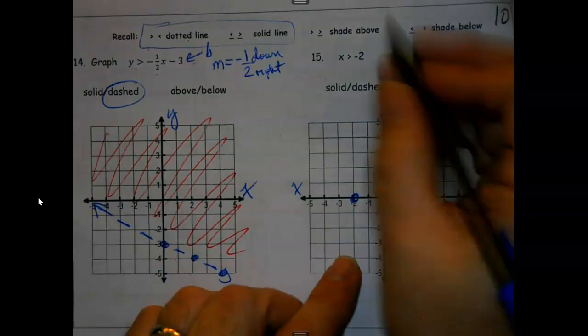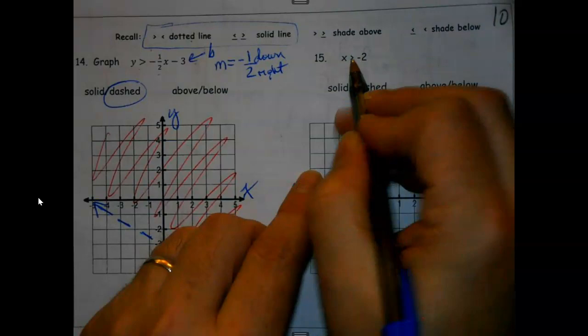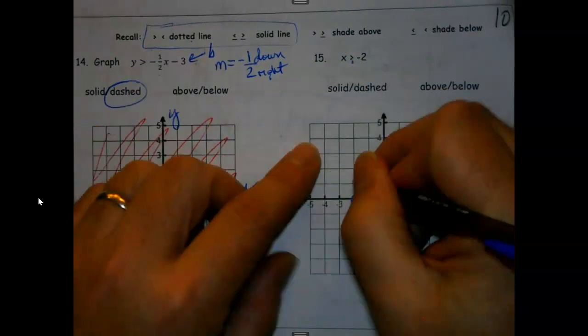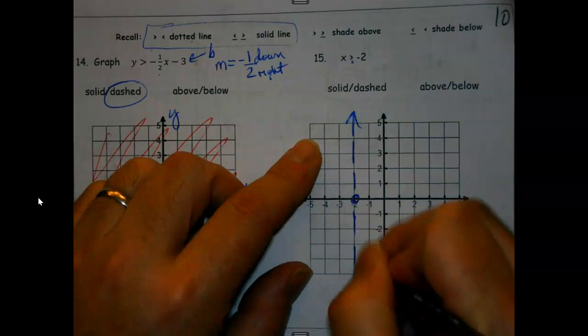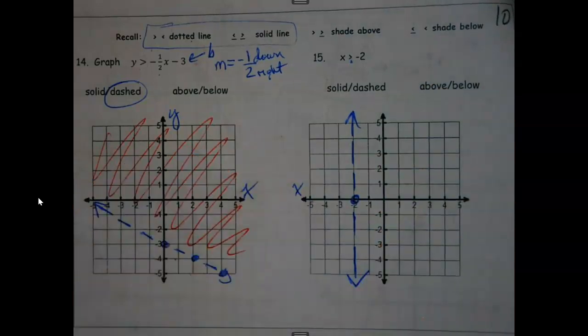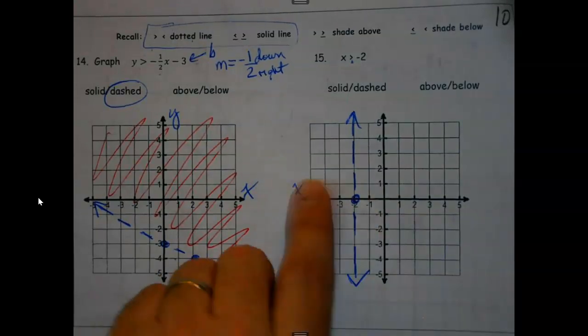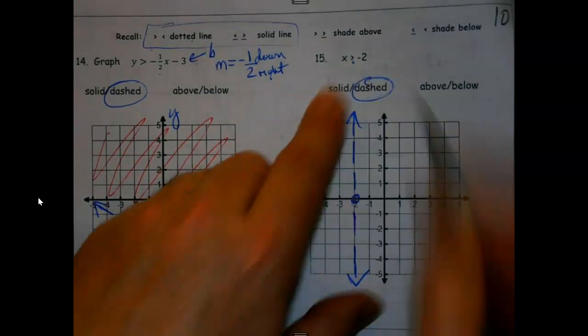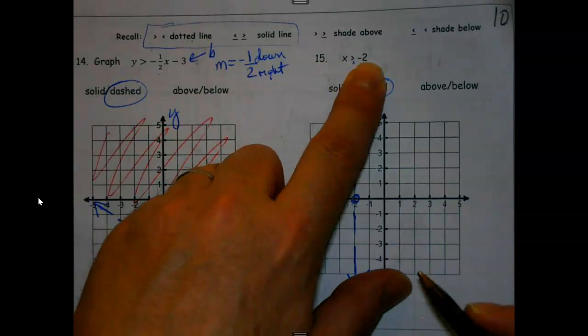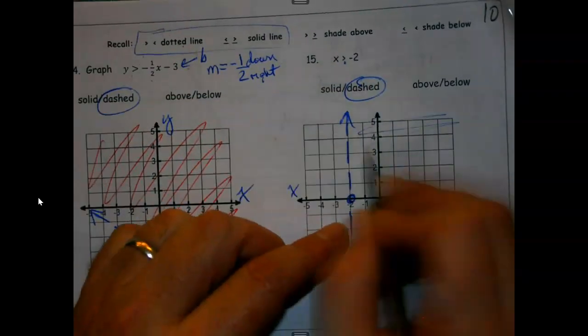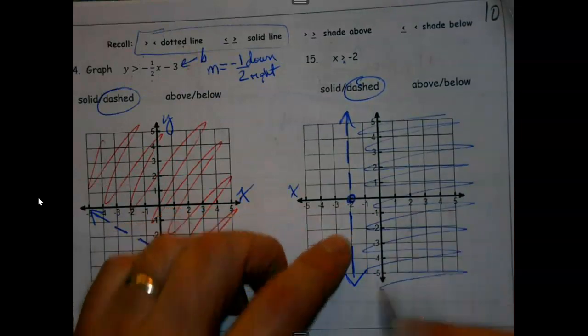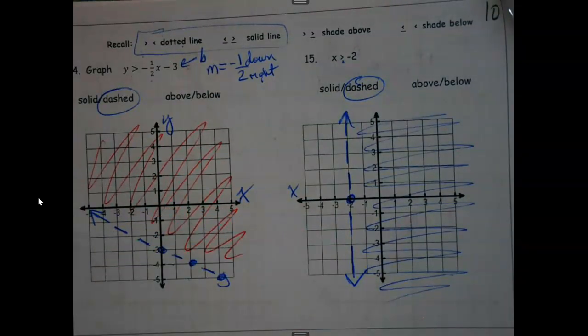So we're going to have an up and down. It still is just the arrow, though. Okay, so if it was y and just a number, it would be side to side. And we really don't have an above-below here. But when x is greater than negative 2, when x is getting bigger, x gets bigger as we go to the right, because that's where all the positive numbers are.